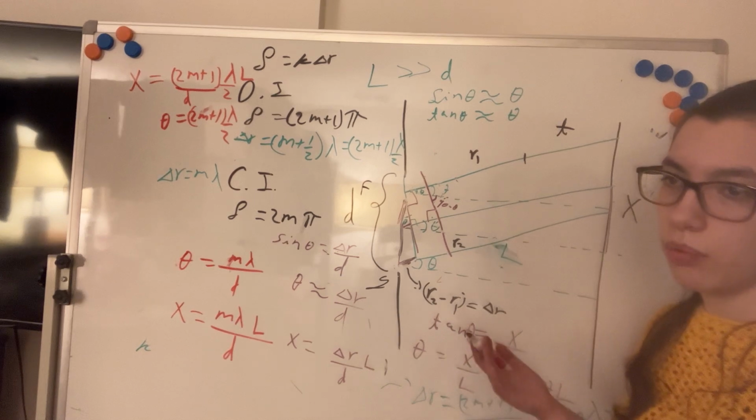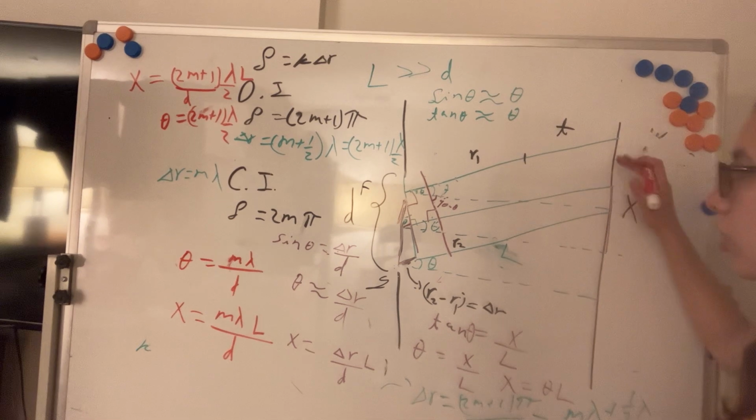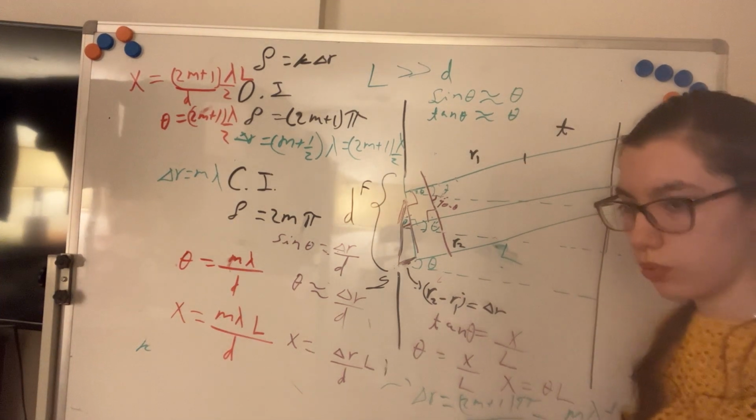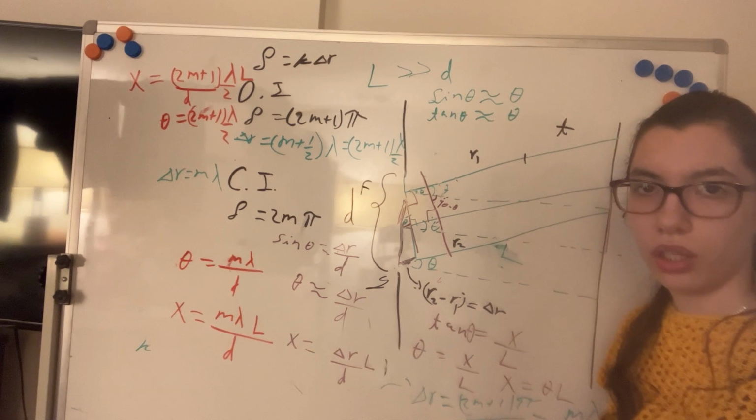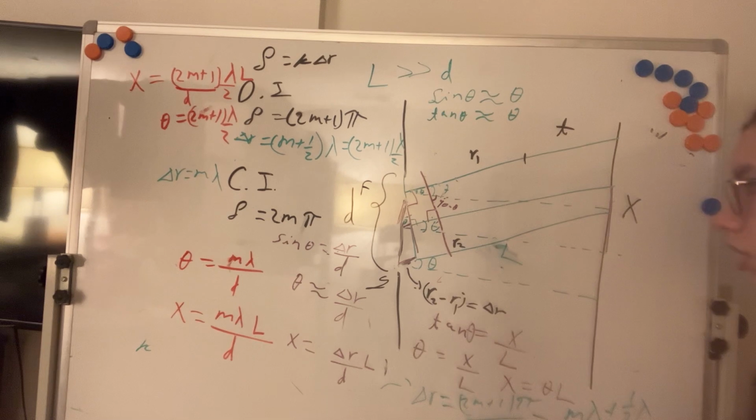The distance between two nodes or between two antinodes is lambda, quite the same as when we talk about musical instruments and the waves for nodes and antinodes.